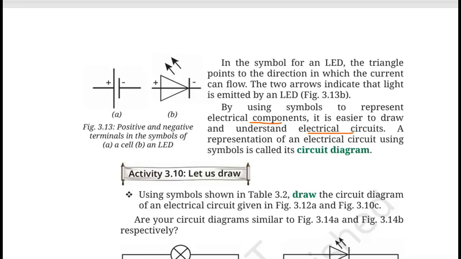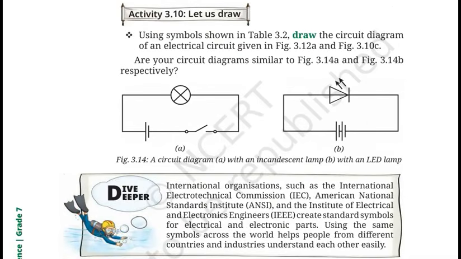So let us see a circuit diagram where we use everything. So here we have two circuit diagrams, as you can see. In the first one, we are using an electric lamp or incandescent lamp. And in the second one, we are using an LED.